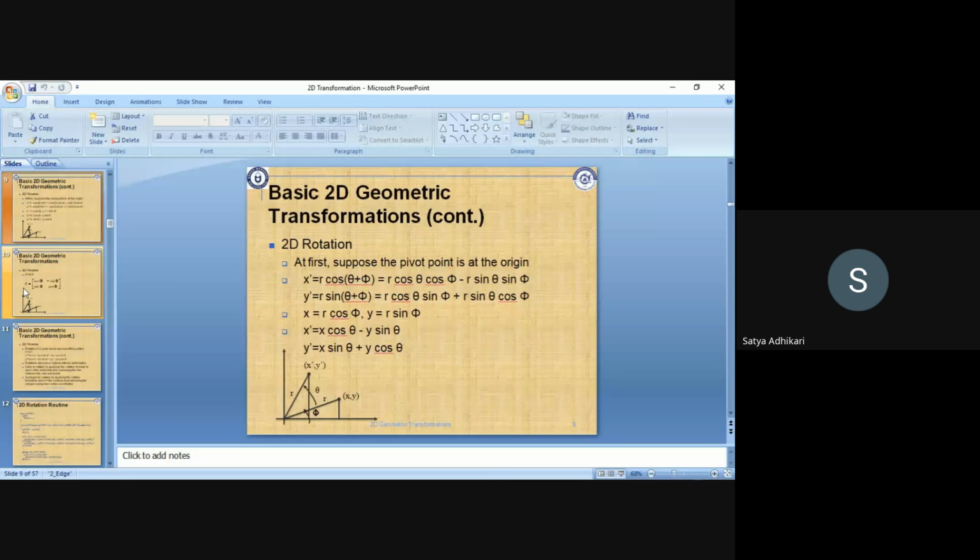In rotation, there is another term associated with the pivot point, that means which point should be fixed. Here basically the point taken is the origin. So the new point is calculated by x dash equal to x cos theta minus y sin theta, and y dash equal to x sin theta plus y cos theta.